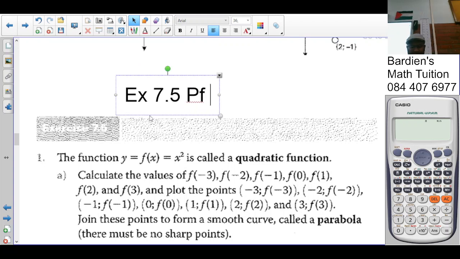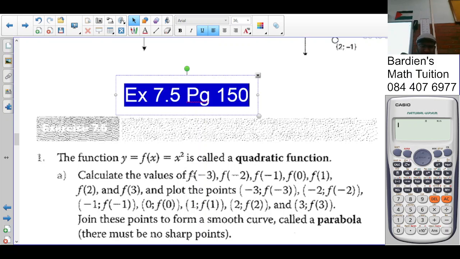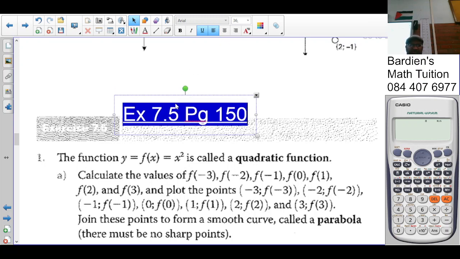It's on page 150. Okay, exercise 7.5, page 150.